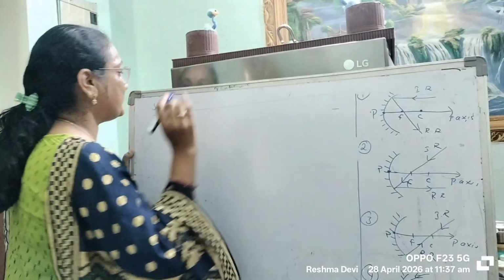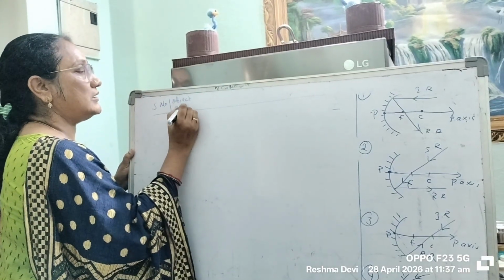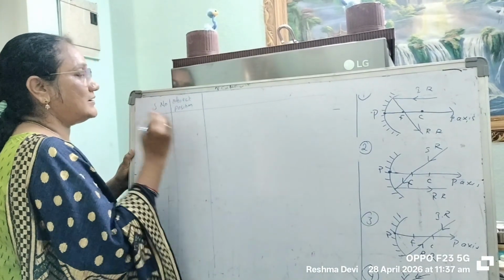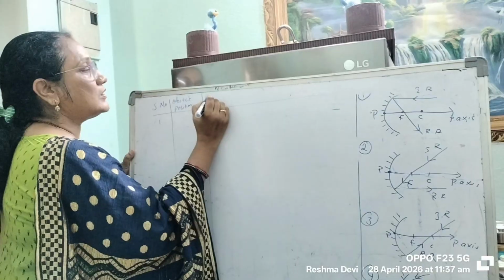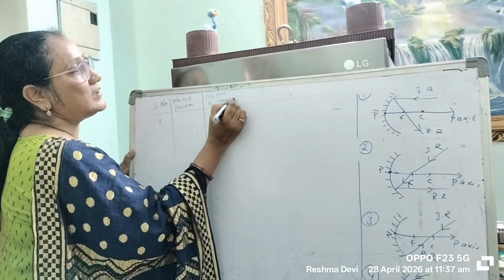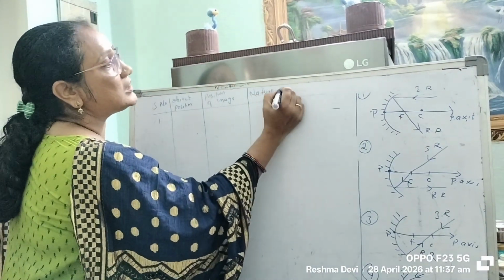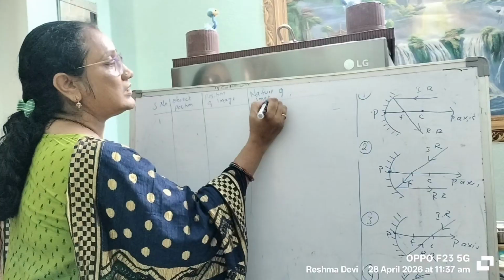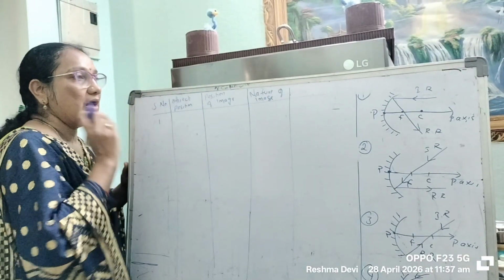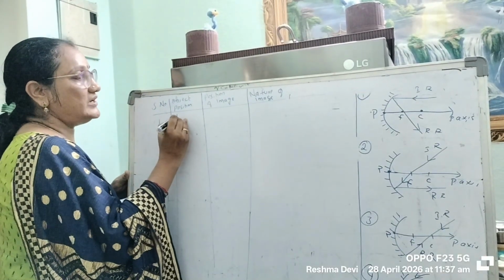Okay? Object position. Right? Next, position of image. Next, nature of image. Right? At infinity.